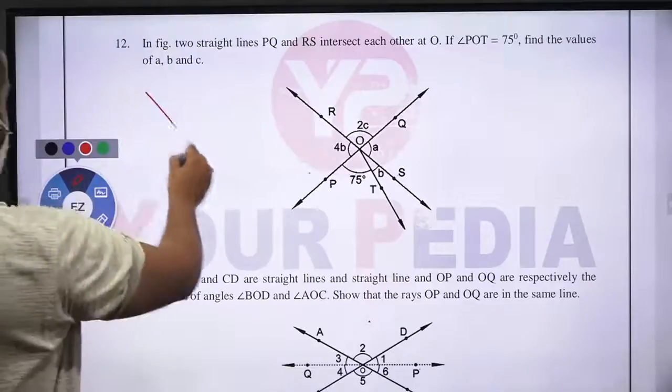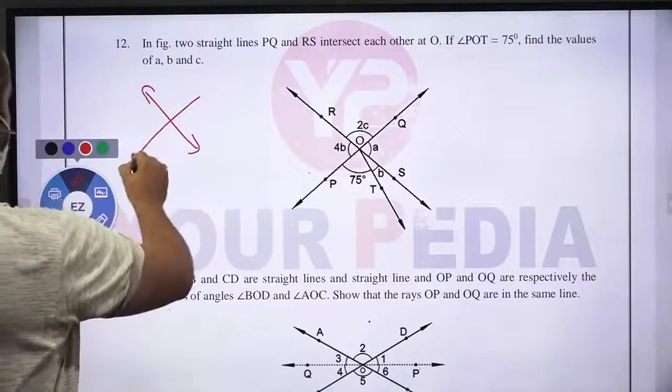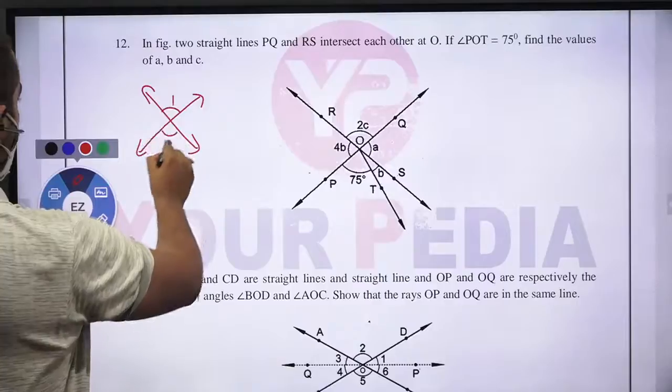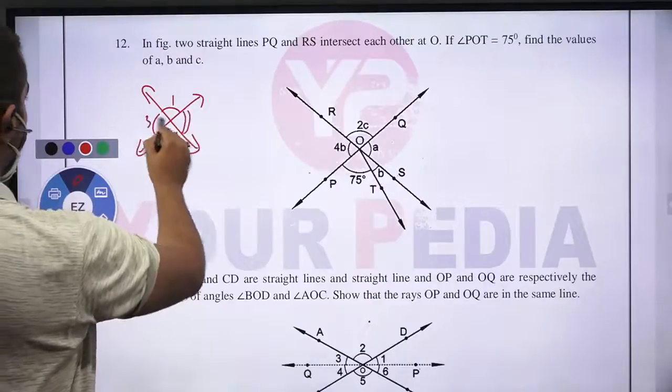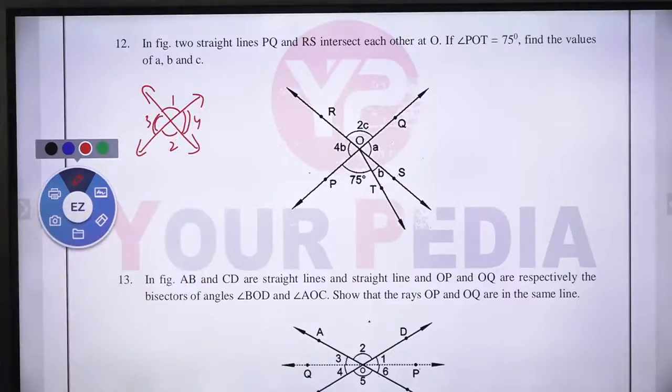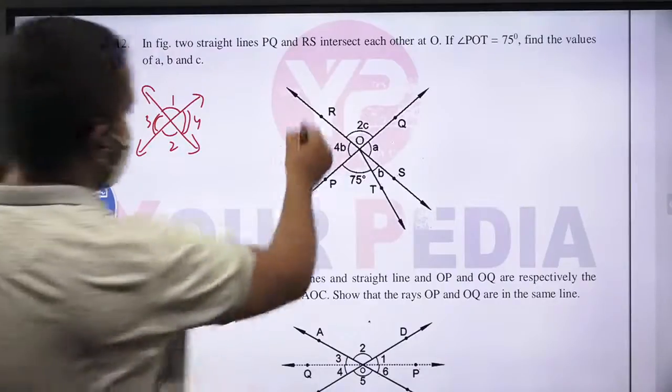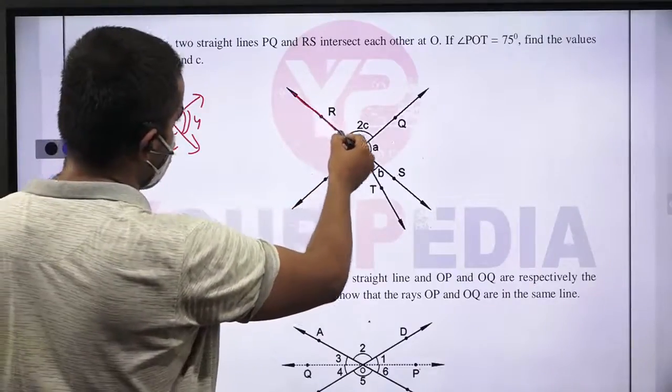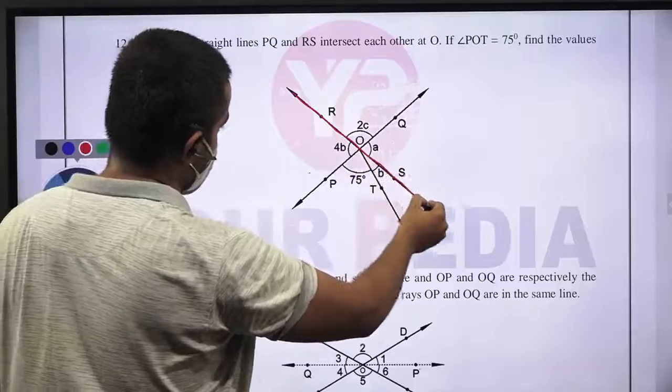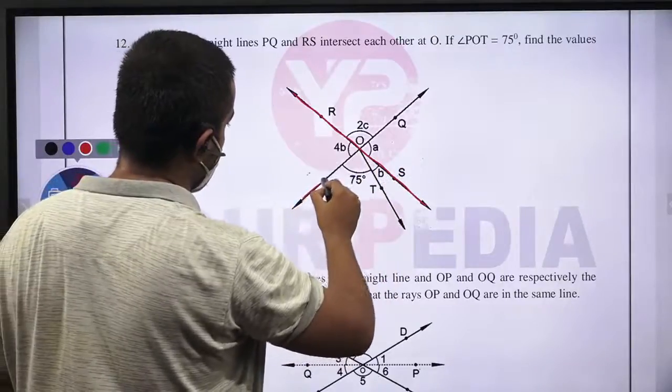Similarly, vertically opposite angles: when two lines intersect, angle 1 equals angle 2, angle 3 equals angle 4. PQ and RS intersect. Okay, then this is RS and this is PQ.